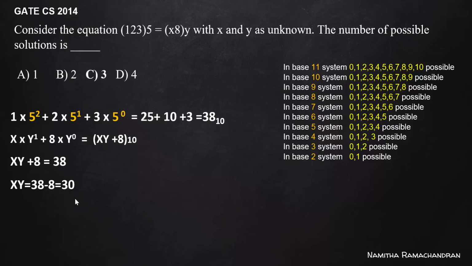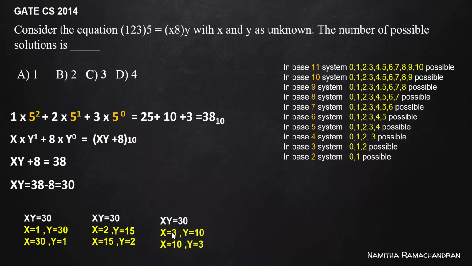Now we need to identify different possible values for x and y so that the product is equal to 30. X into y equal to 30 means we can take x equal to 1 and y equal to 30, or in the other way x equal to 30 and y equal to 1. The next possibility is x equal to 2, y equal to 15, or x equal to 15, y equal to 2.